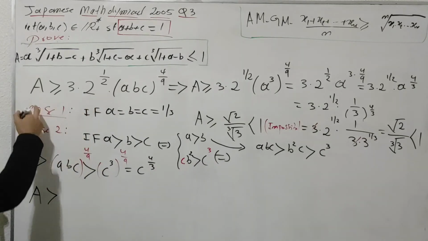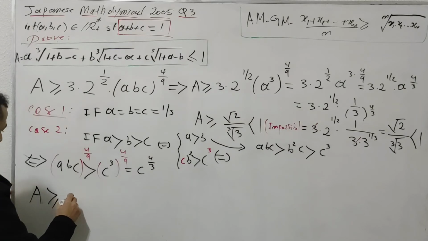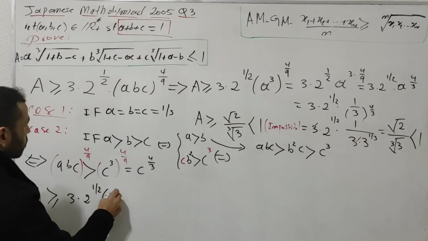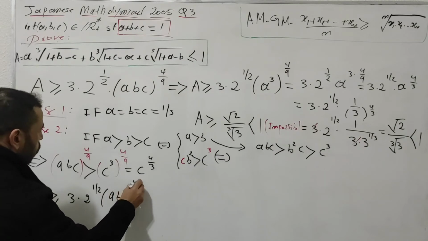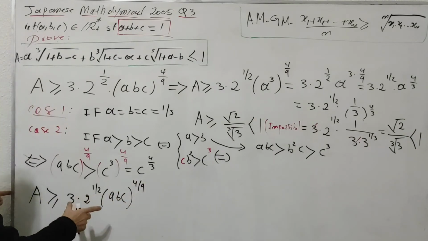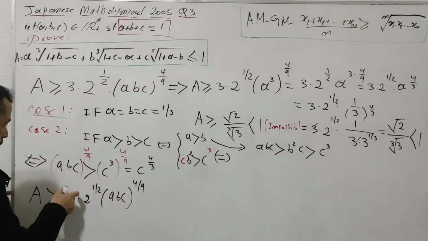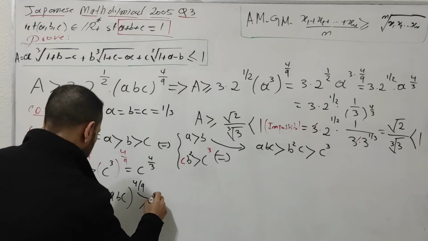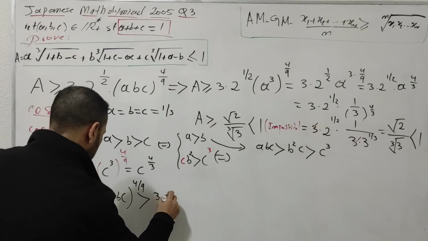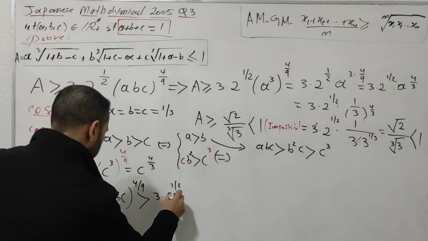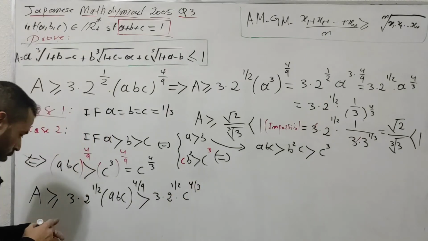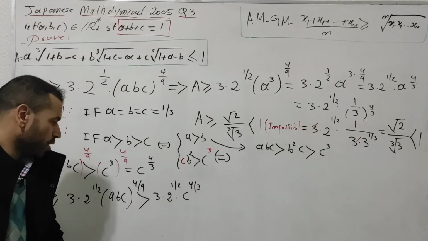I have a capital A superior or equal to 3 multiplied by 2 to the 1 over 2 multiplied by ABC to the 4 over 9. This number, as I have here, is strictly superior than 3 multiplied by 2 to the 1 over 2 multiplied by C to the 4 over 3. Here it is clear. At this point it's so clear.